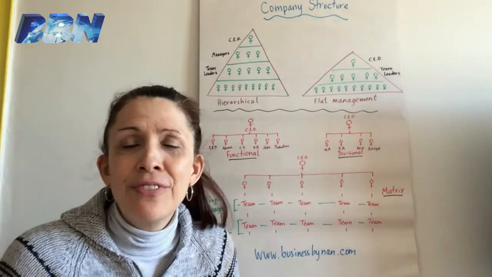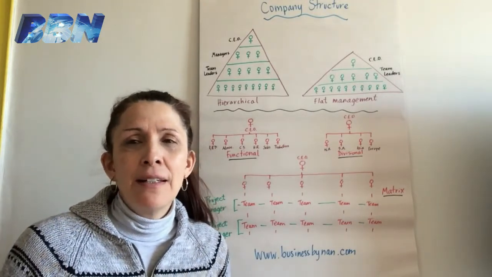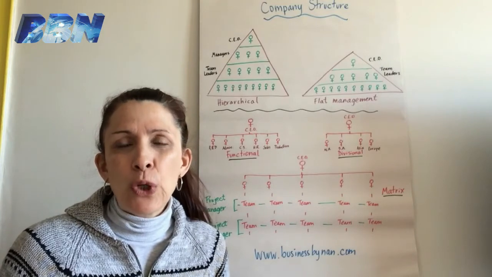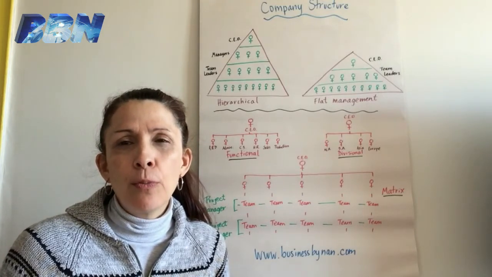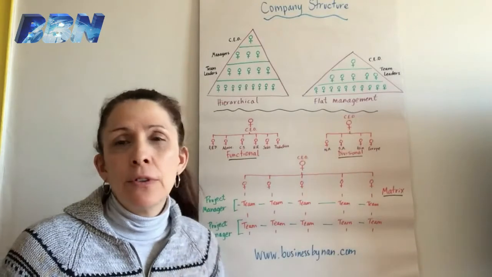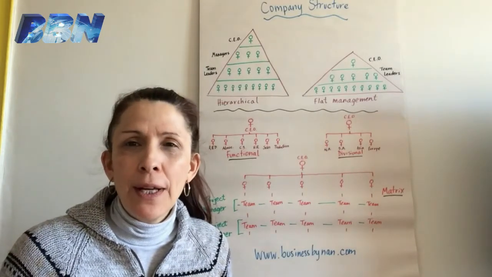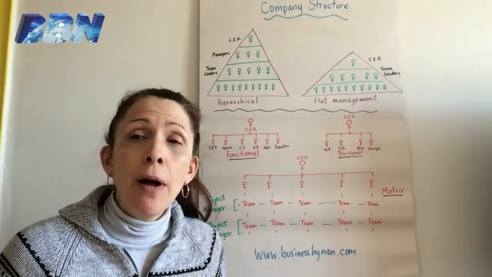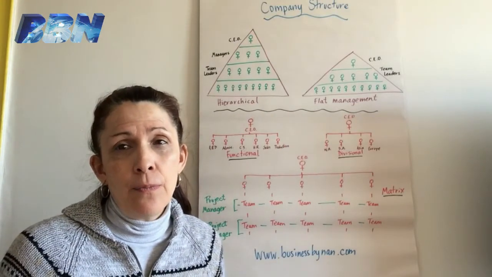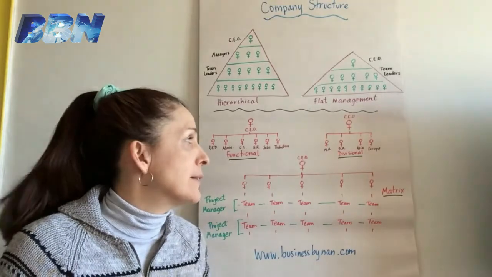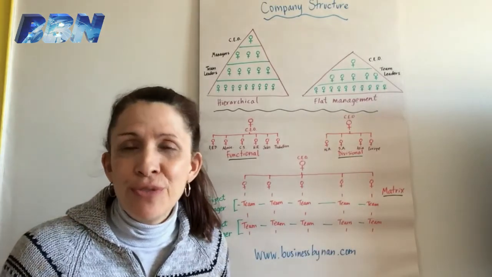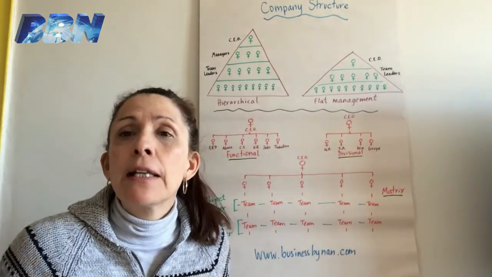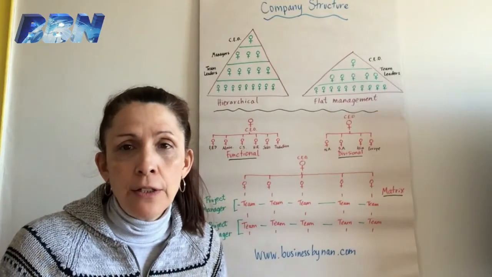So yeah, what kind of company structure would you like? What kind of company would you like to work in? Do you feel more comfortable working in flat management, where there's more team working going on, or do you prefer this hierarchical because you know exactly who your boss is? Or do you work in a company that's divisional, it's according to the region, because maybe you have a very large corporation that works in different sectors?